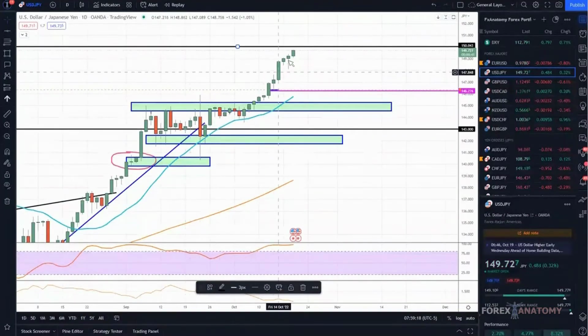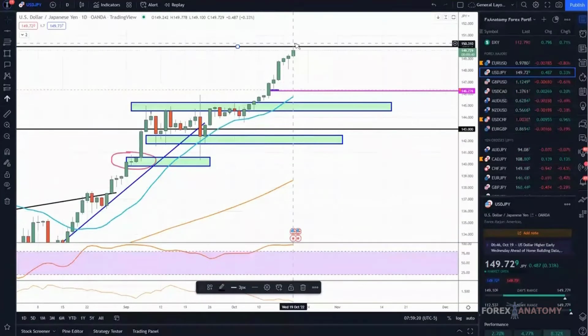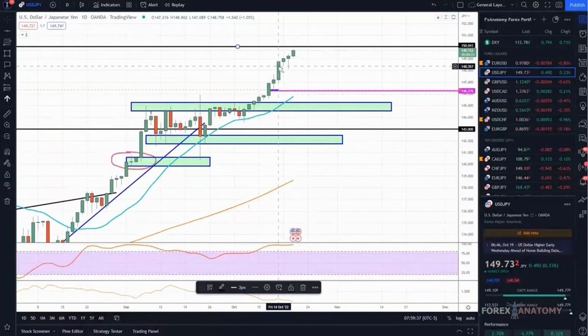There's talk that once USD/JPY breaks the 150 handle, this may contribute to some routing or sell-offs or deleveraging in stock markets.